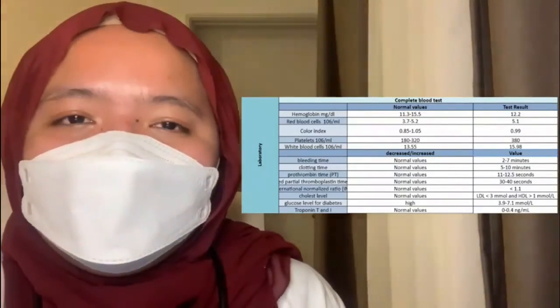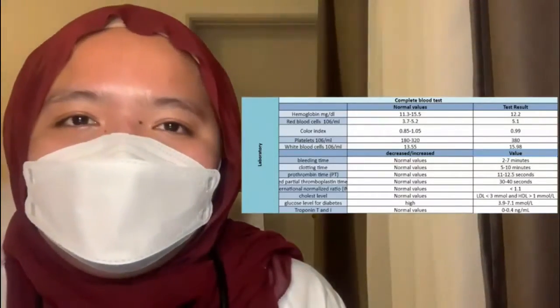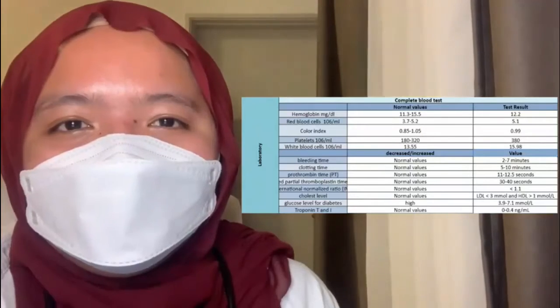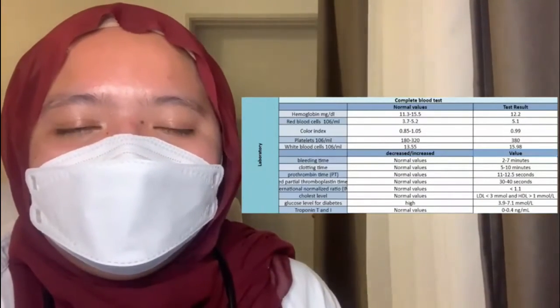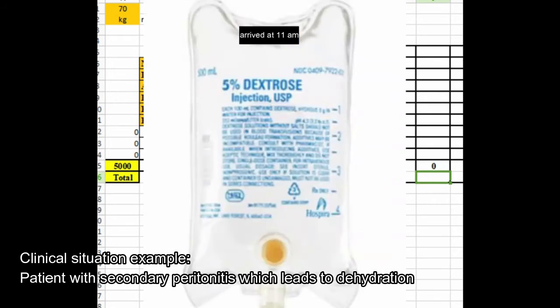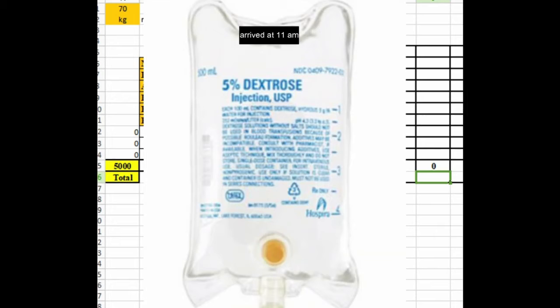But we found out that the patient is also having diabetes because the glucose level in this patient is high. At 11 a.m., the doctor starts to give initial fluid of sodium-free water, dextrose 5% water, to the patient.